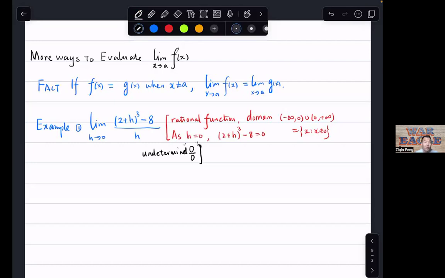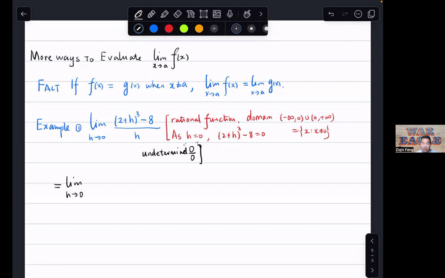So what do we do? We use pure algebra, trying to factor h out of the numerator, then you can cancel it. There's not much we can do for this example. We just expand (2 plus h) to the power 3.